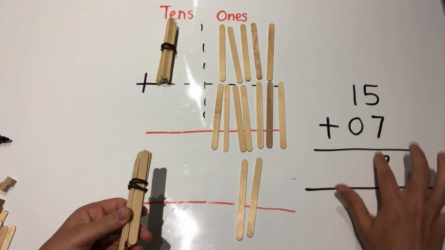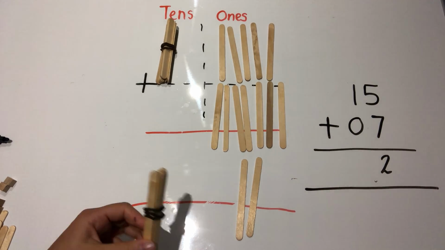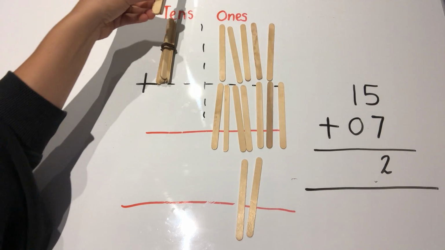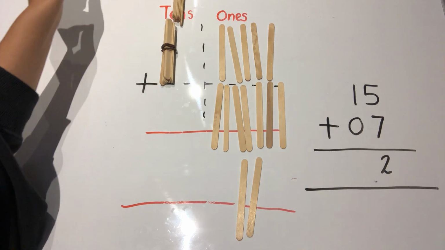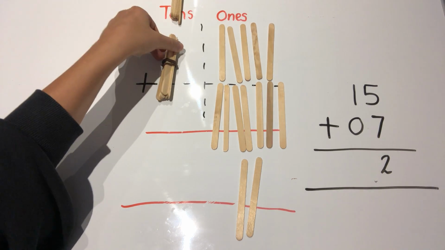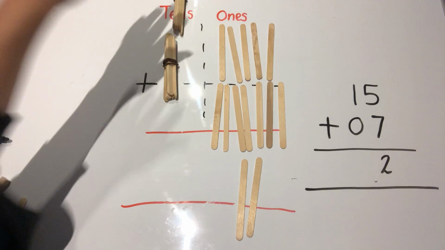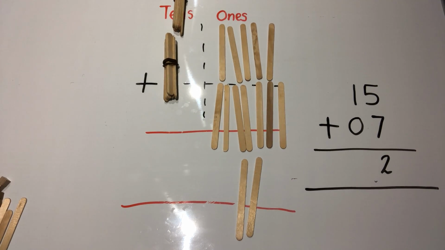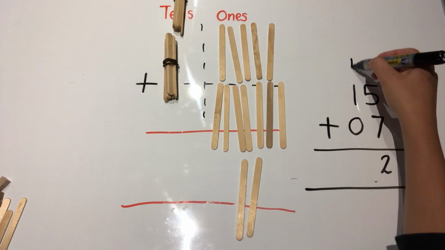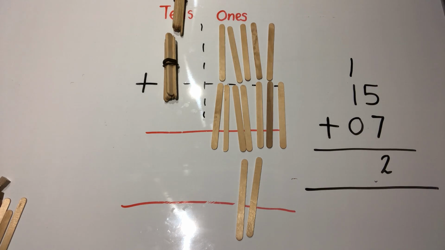So we're going to leave our 2 ones in the ones column and we're going to carry our 10 ones. So I'm just going to put that up there. And if we were writing that, we would do a big 1 in the tens column.